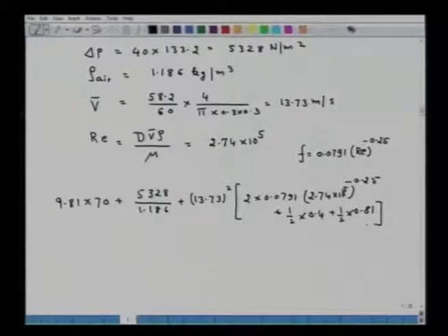So, that is how you will be substituting, and this value will be equal to M.